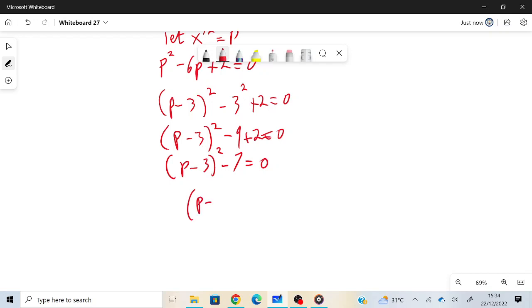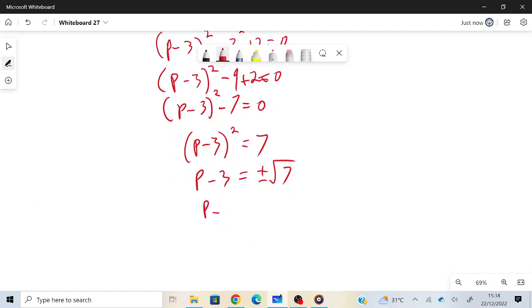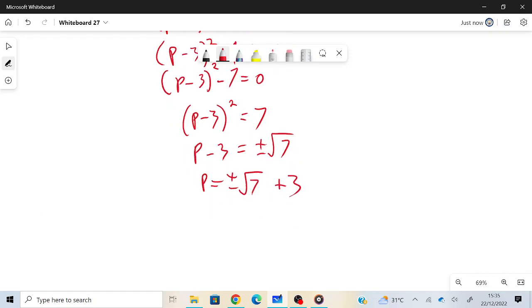We would have p minus 3 squared equals 7. Take the square root of both sides. We have p minus 3 equals plus minus root 7. And take the 3 to the other side, we would have p equals 3 plus minus root 7. So for our p, we have two values: 3 plus root 7, and 3 minus root 7.